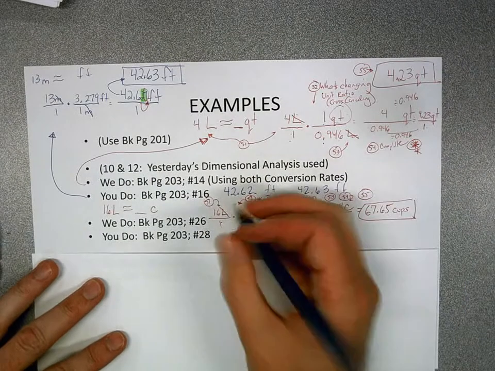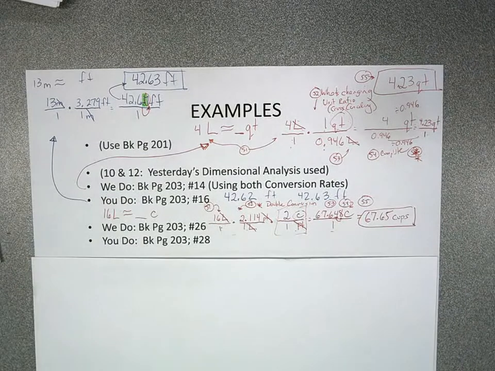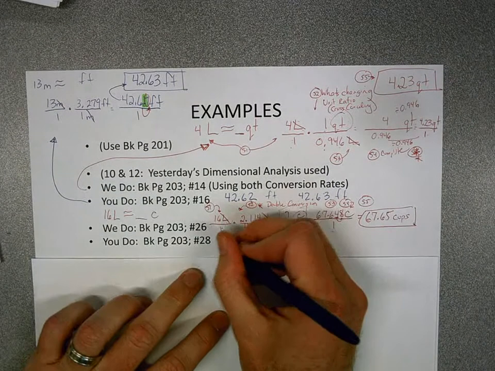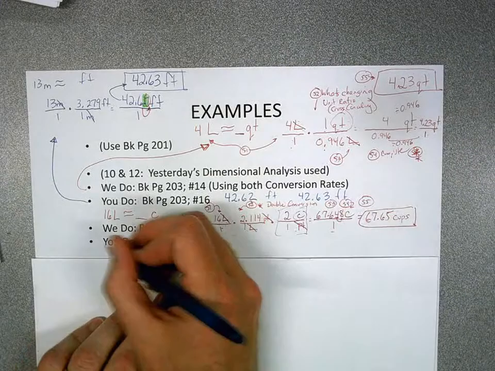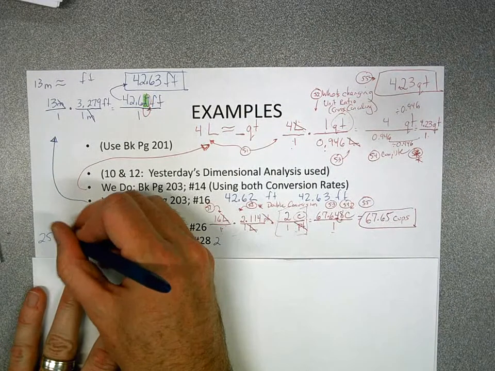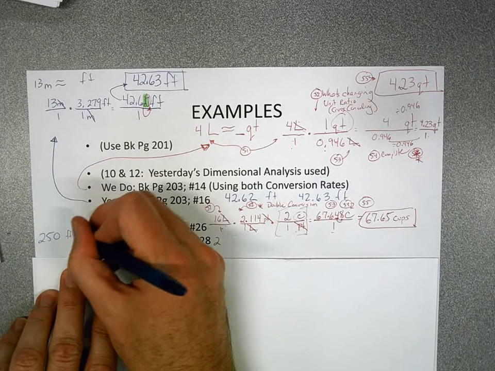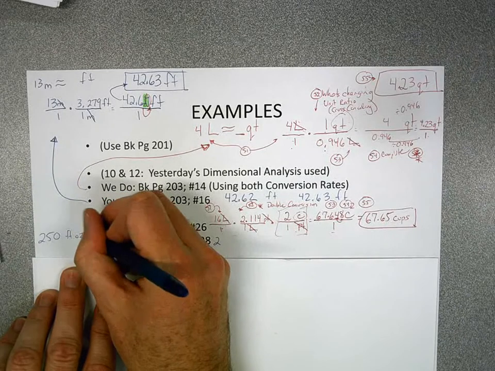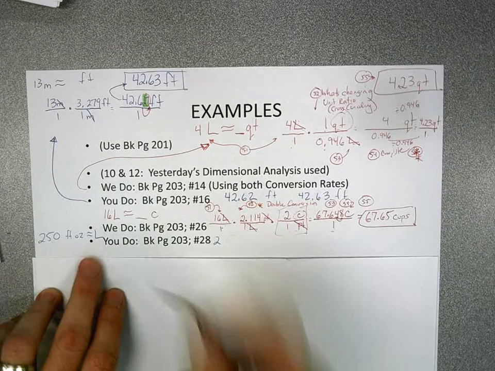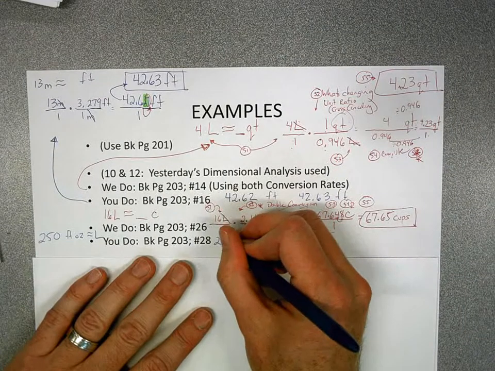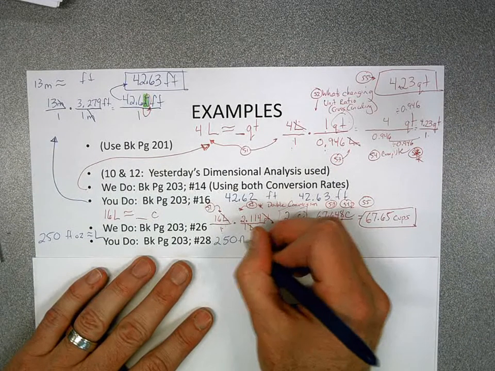All right, for number 28, go ahead and check your work here. Number 28 is 250 fluid ounces. We're converting it to, of course, we want to know how many liters. So we have 250 fluid ounces over 1.